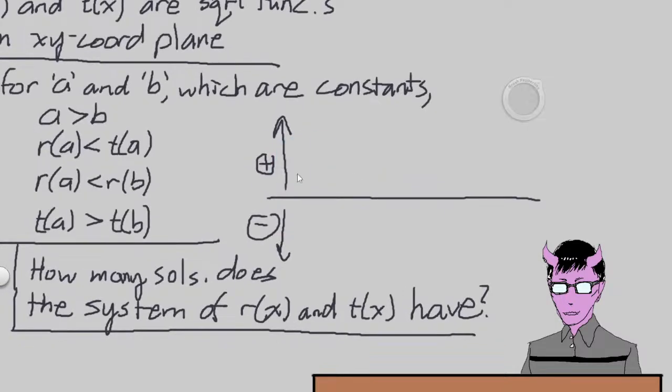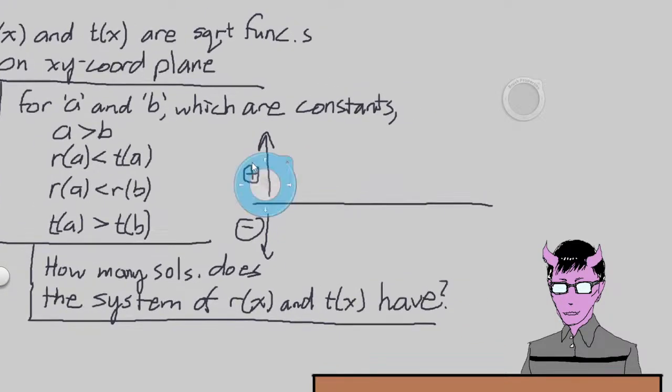So for some arbitrary a and b values, which are constants, a is farther along the x-axis to the right, and b is closer, smaller than the a value, because that's given right there. Okay, and then this one doesn't seem super useful at the moment, so I'm going to use this one first.